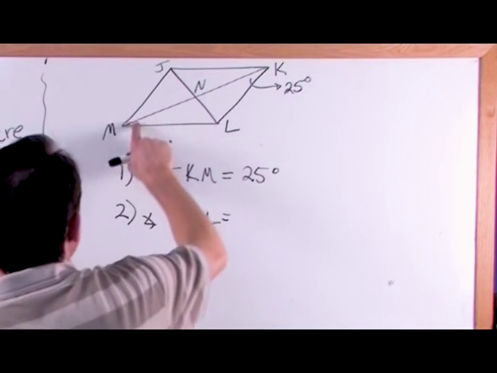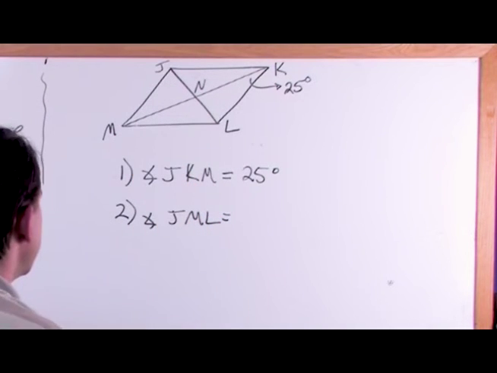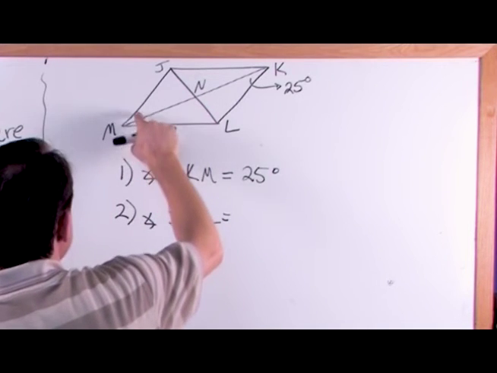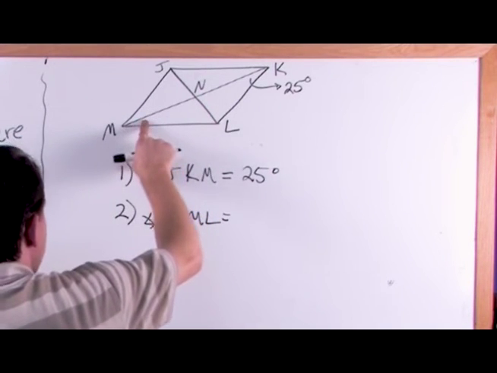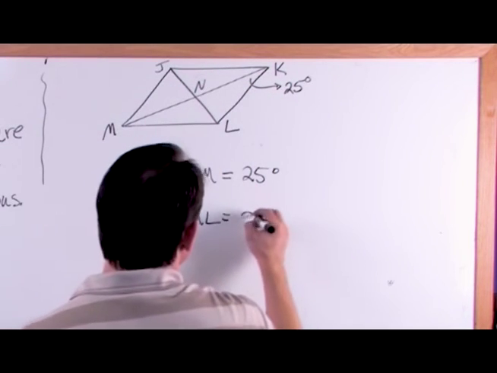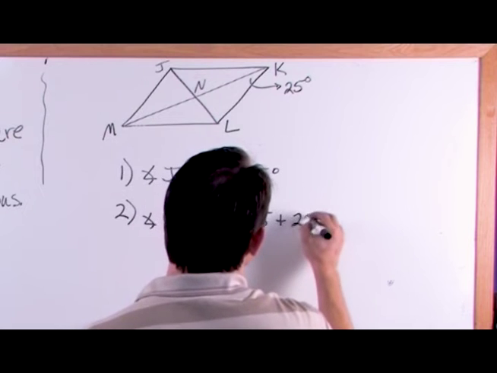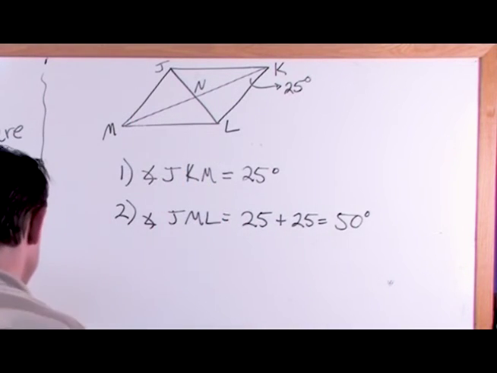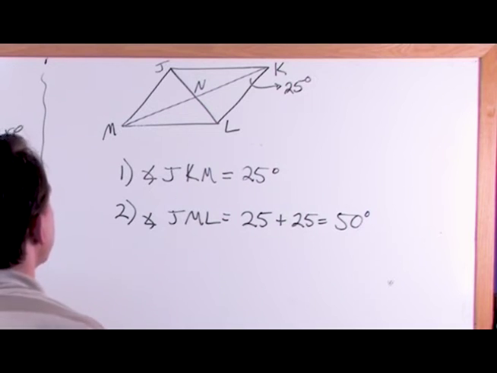This giant angle down here. We already know, again, that this diagonal bisects this, so these two angles are the same. We already know that this is 25 degrees, right? So 25 plus 25 is equal to 50 degrees. So angle JML is 50 degrees.